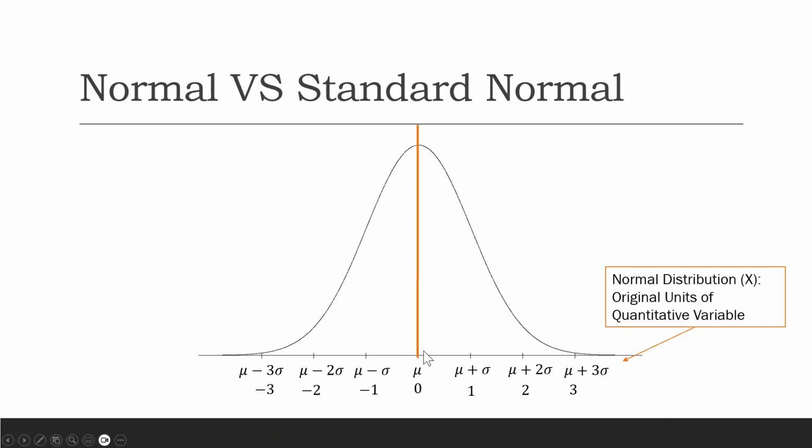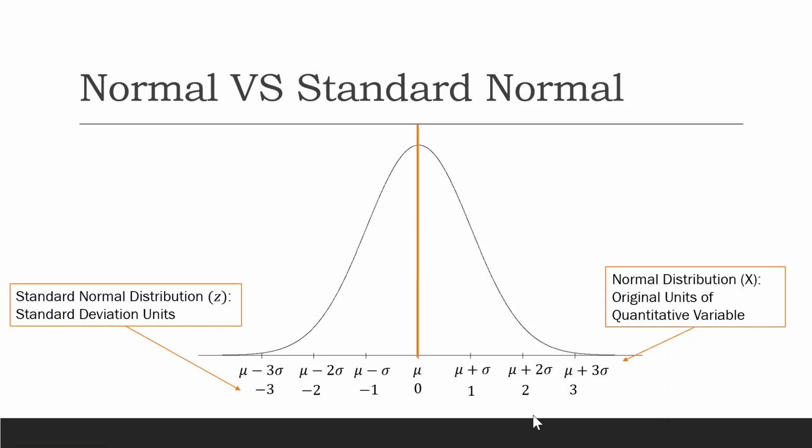Notice our mean is 0 standard deviations from itself. So I can relabel my mean with a 0 when I convert this to a z. This is 1 standard deviation above our mean. And so this is 1 standard deviation. If I'm going to be in standard deviation units, this is equivalent to a z-score of 1. This one is equivalent to a z-score of 2 because I'm 2 standard deviations above the mean, and so on and so forth.